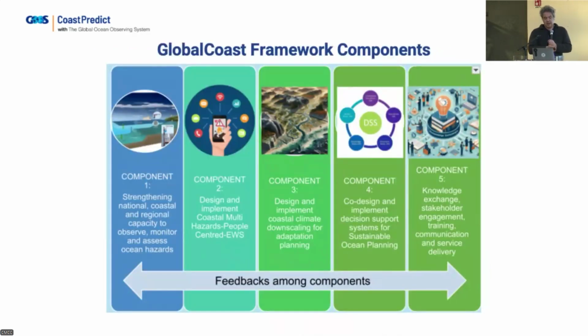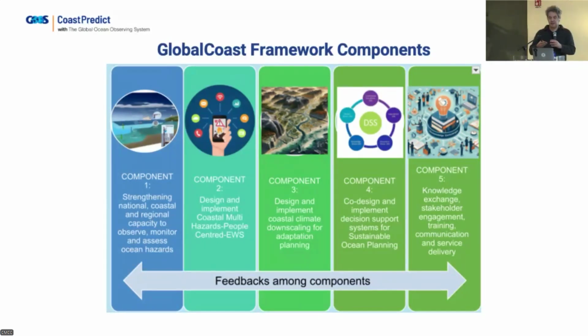And here you will find in the document what we present as the 5 components: the observing, monitoring, modeling capacity; the multi-hazard people-centered early warning system; the climate downscaling that we discussed along these days; the decision support system for sustainable ocean planning; and the sharing of all these with the stakeholders, which doesn't mean to give them the solutions only, but also co-design and co-develop with them in this process.